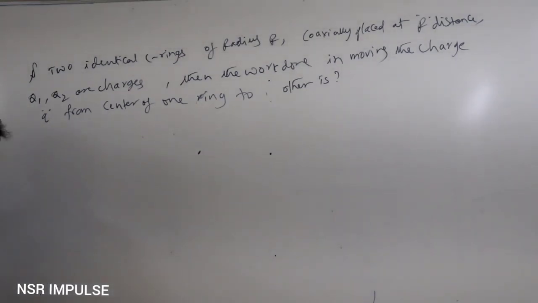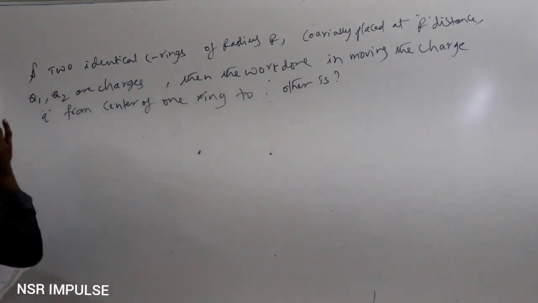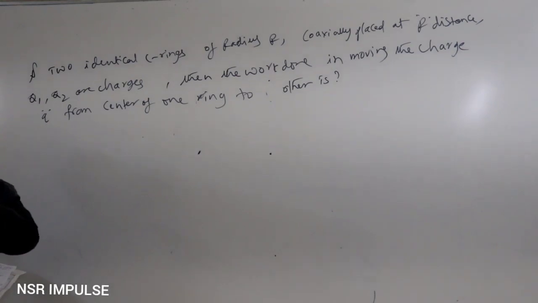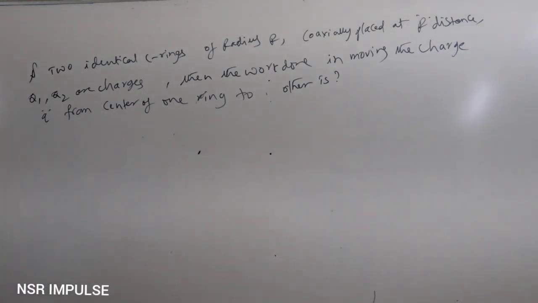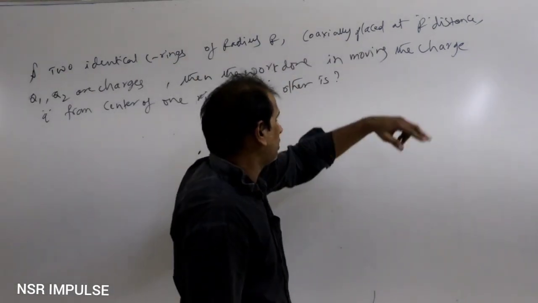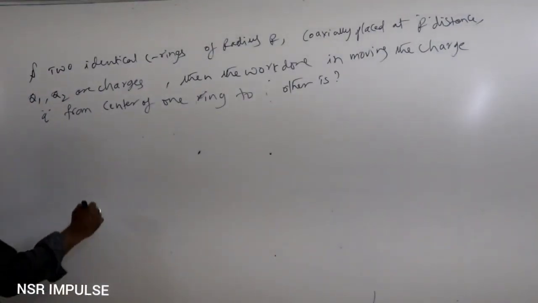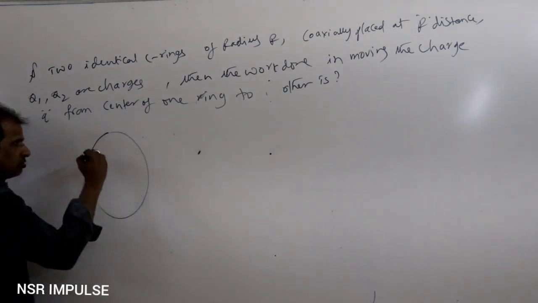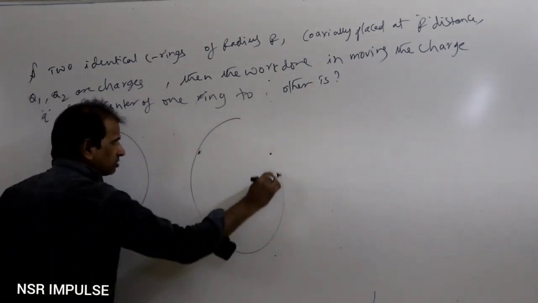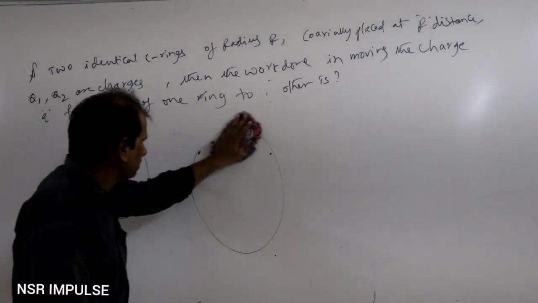So according to the given problem, what is given over here? Two circular rings with charges are given. So now these are the two identical circular rings of radius R, coaxially placed at distance r, with charges Q1 and Q2. Like this they are placed, of course of the same size.